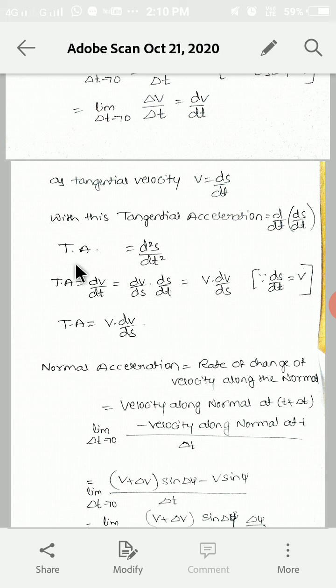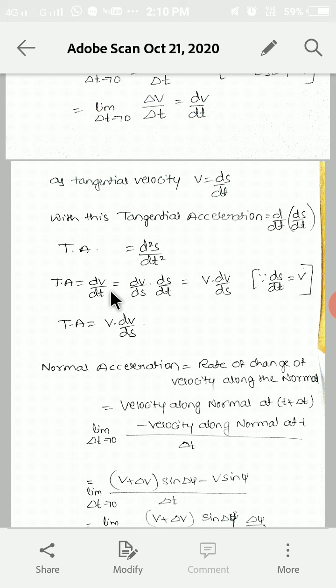So tangential acceleration can be written in this form, d square s by dt square, or dv by dt. Both can be written.